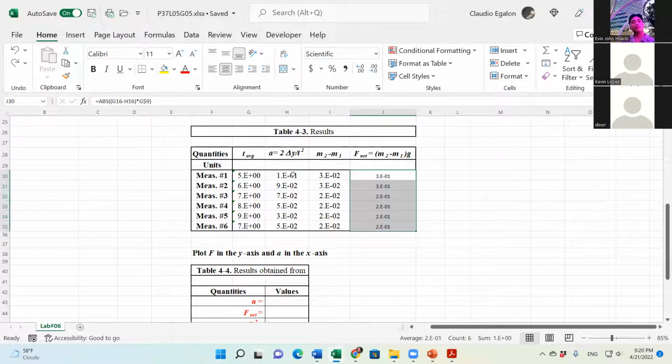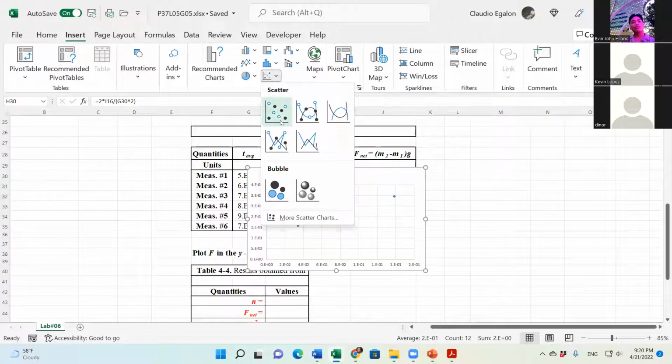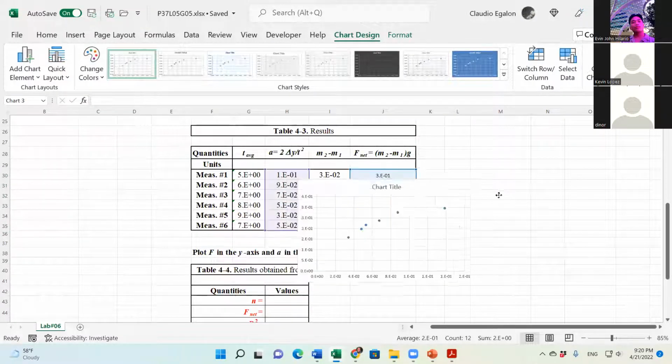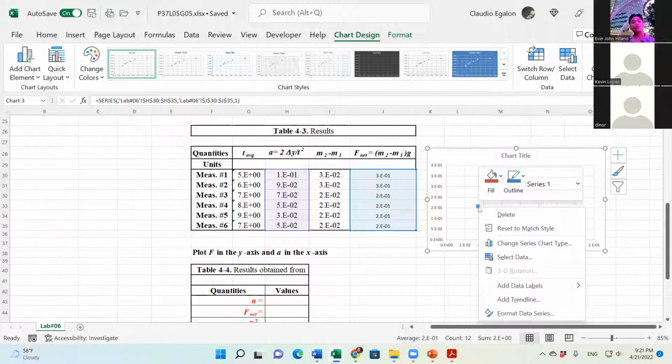Highlight Fnet, highlight A, insert charts, right? Yes, that's what I get. Now you want to get the R square, right? Click one of the data points. Every data point should be highlighted. Right click on one of the data points, add trend line.